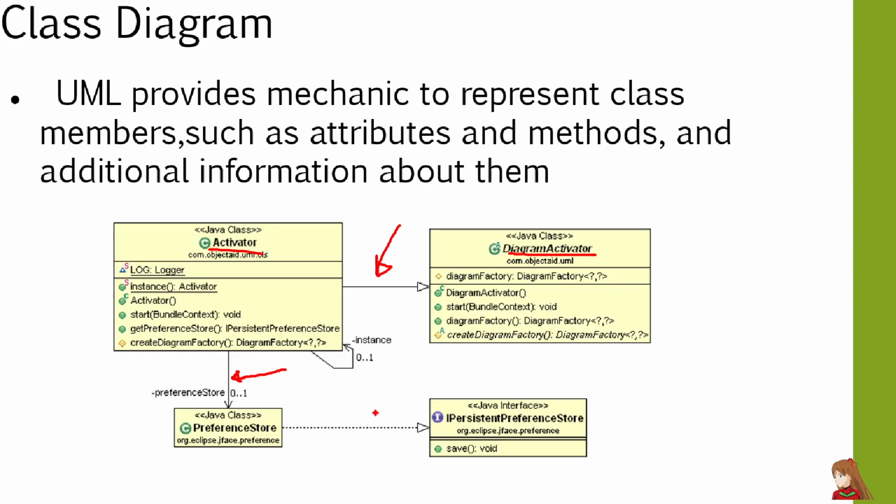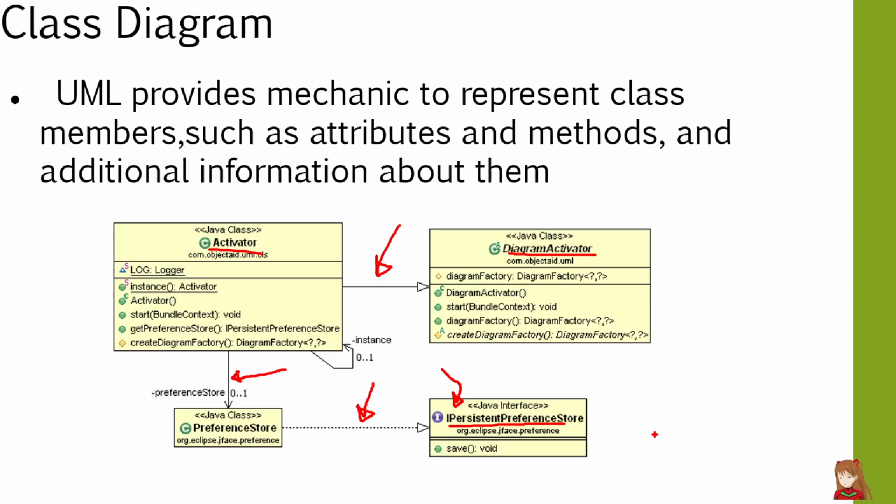That means it's using. So Activator is using PreferenceStore, and this arrow means implements interface. So PreferenceStore is implementing this interface. All right? We'll look at interfaces later on.